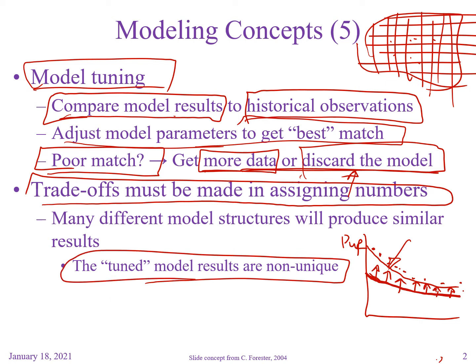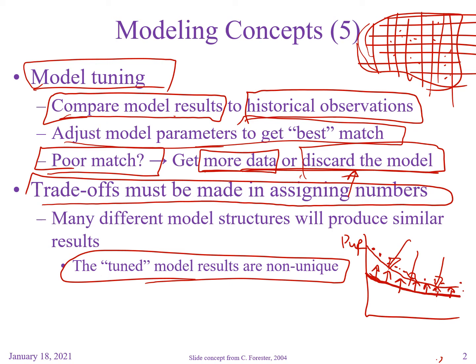That means everyone in this class can possibly match this observed data, but with different parameters of permeability and porosity in the simulation domain. So you can have multiple realizations that match the observed data.